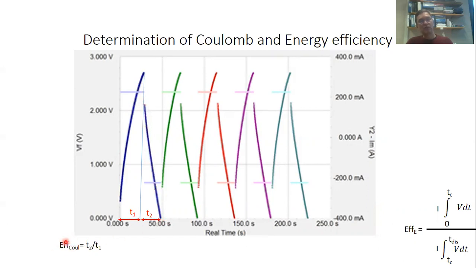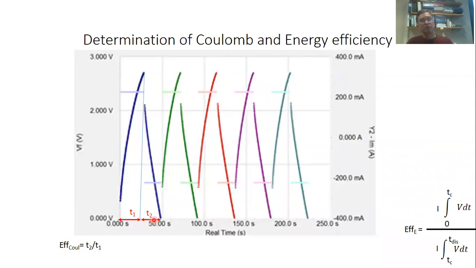Therefore, the Coulomb efficiency is given by I times the time that we need to discharge over I times the time that we need to charge, but the current cancels out, so the Coulomb efficiency is nothing else but the time of discharge over the time of charge.